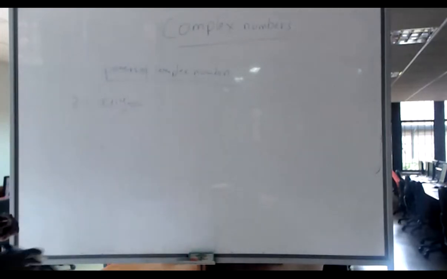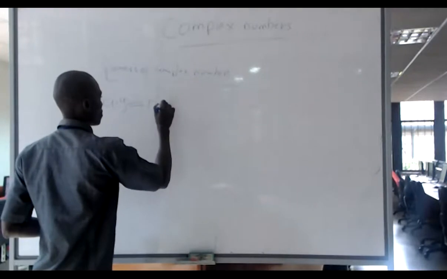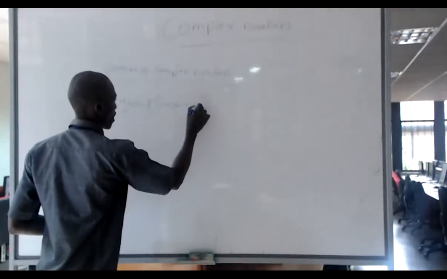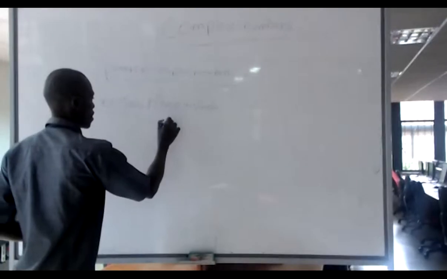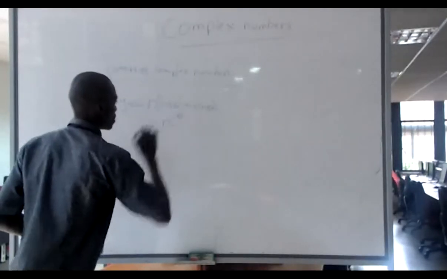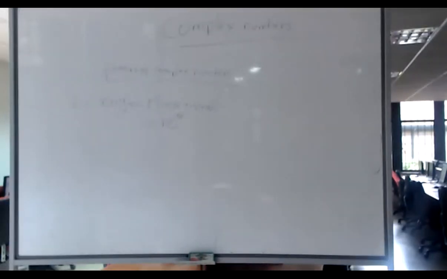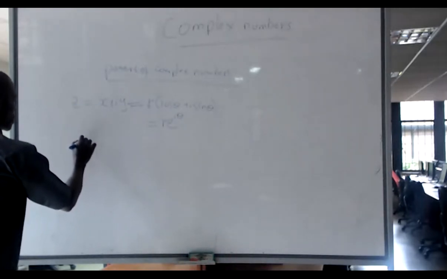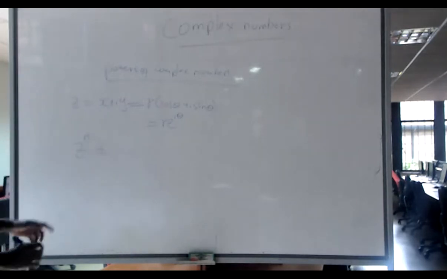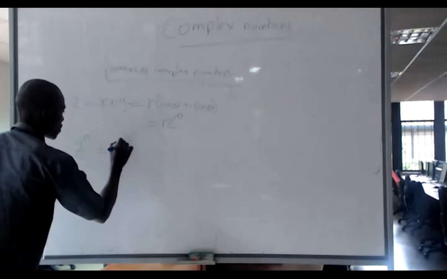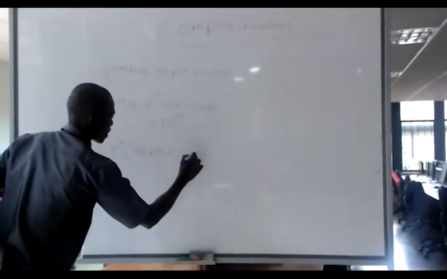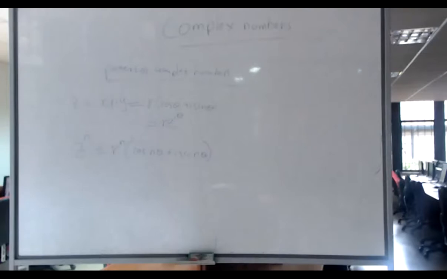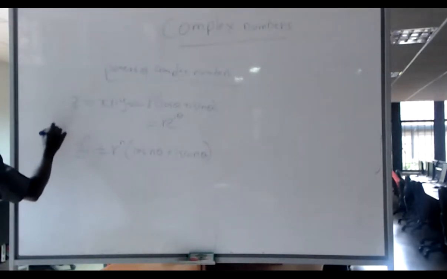In the polar form, we could write this as r times cosine theta plus i sine theta, which you can also write in the exponential form as r e to the power i theta. Now De Moivre's theorem tells you that if you have a number z and you raise it to the power n, then this is the same as taking r raised to n times the cosine of n theta plus i times the sine of n theta. This is called De Moivre's theorem.